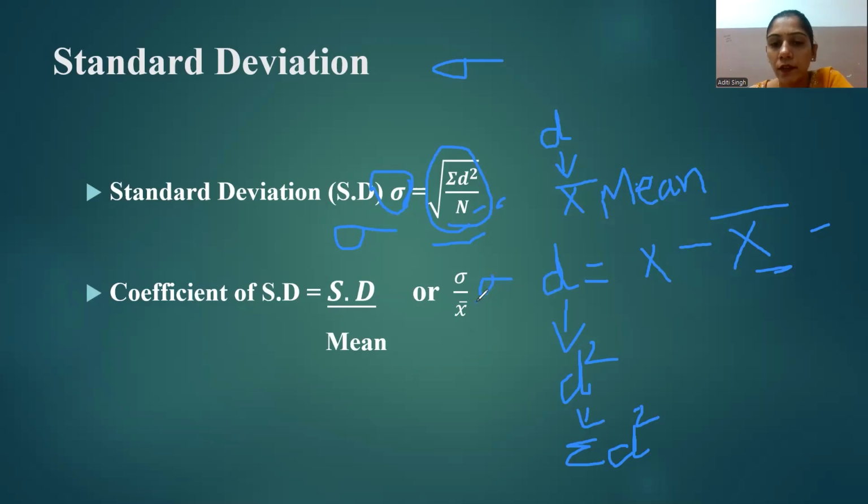It is similar to what we did in calculating the coefficient of mean deviation. In the coefficient of mean deviation, the formula is mean deviation divided by mean, and the coefficient of standard deviation is standard deviation divided by mean. So this is how we calculate the standard deviation and the coefficient of standard deviation.